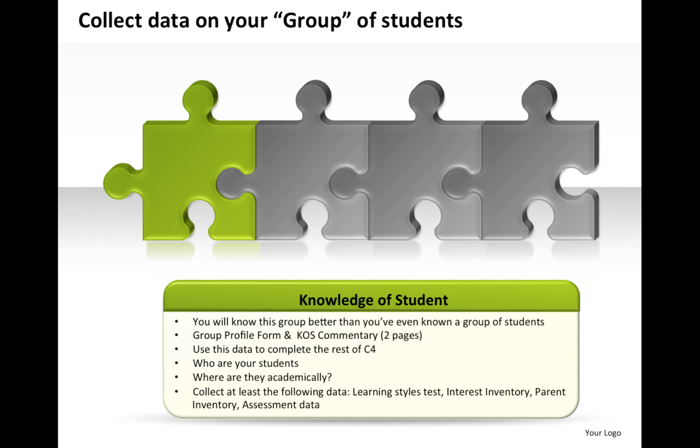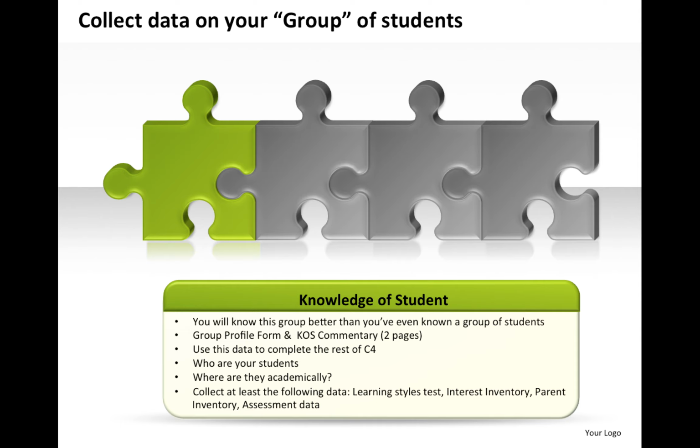And you will complete the group profile form and the knowledge of student commentary, which is 2 pages long. You will use this data to help you complete the rest of component 4. Some of the basic things we're going to ask, but on a very deep level, are who are your students? Where are they academically?